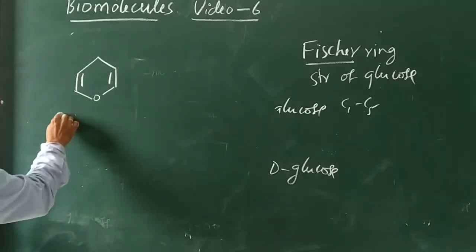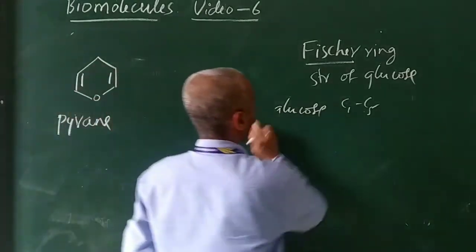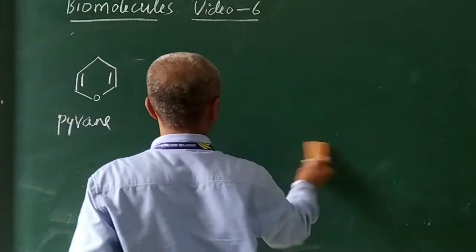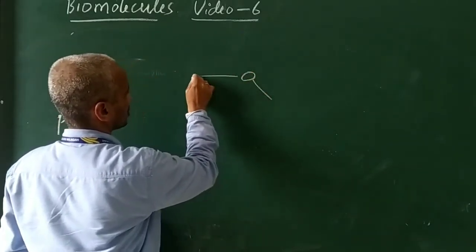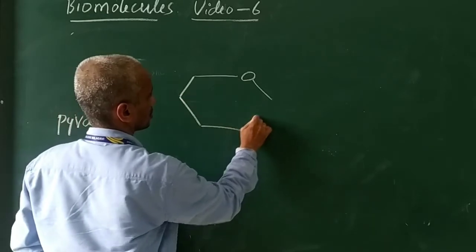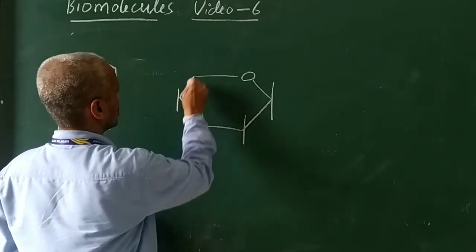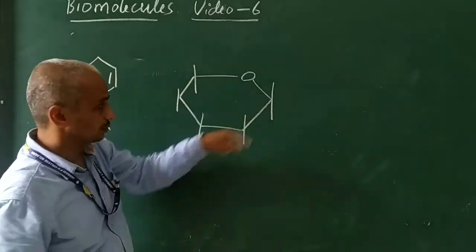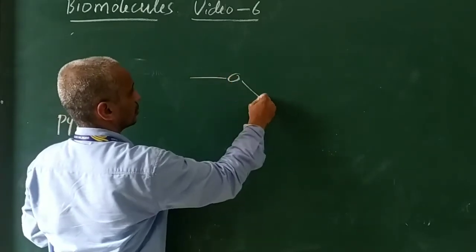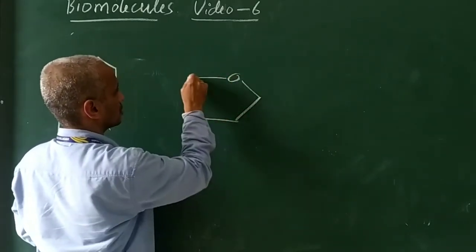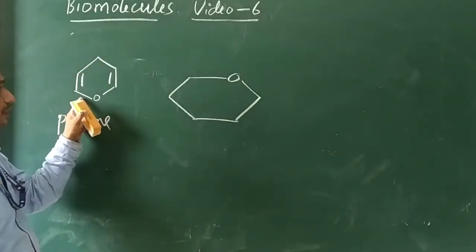This compound is called pyran. So when I write this glucose, what structure do we call it? Exclude these bonds, and only if you move like this, this resembles the 6-member ring.